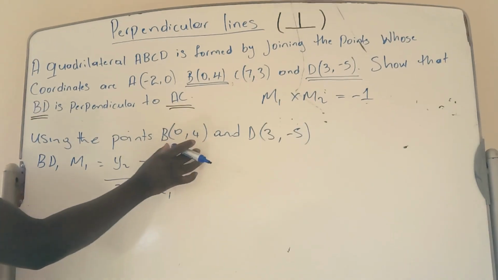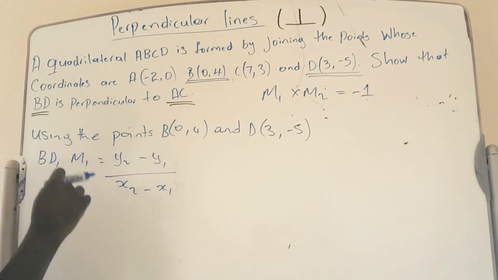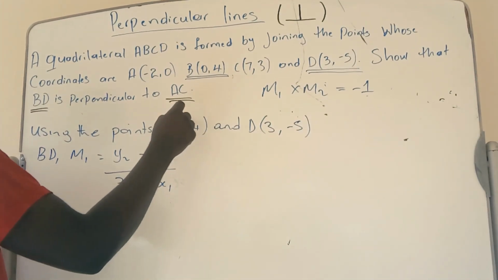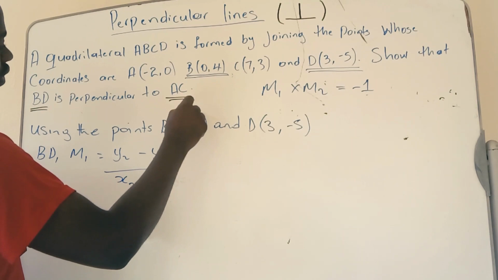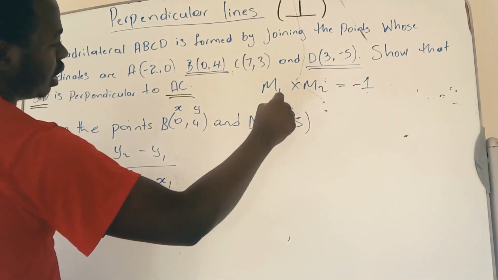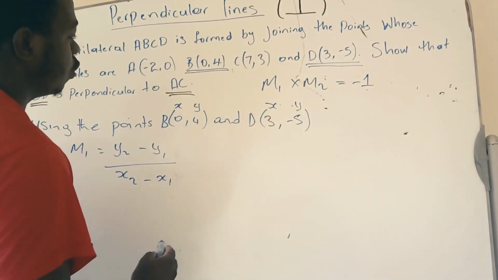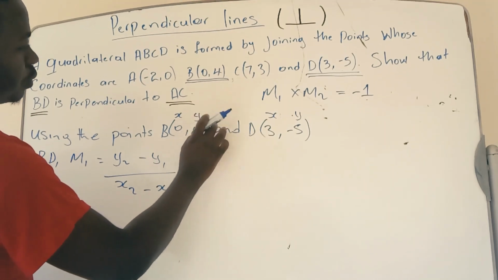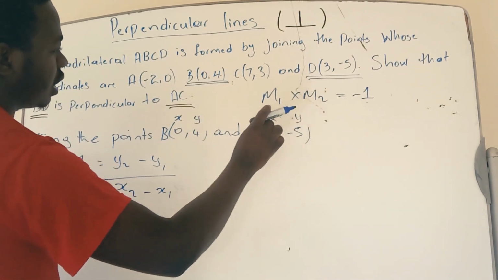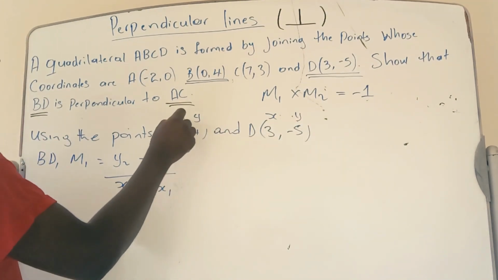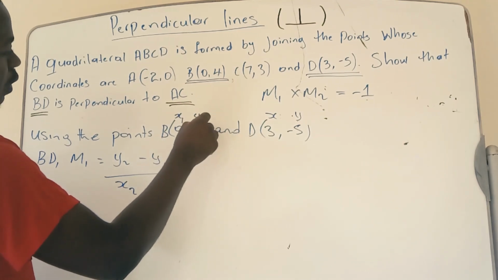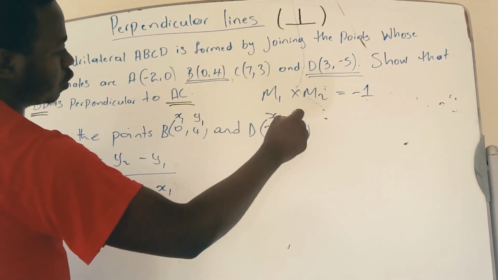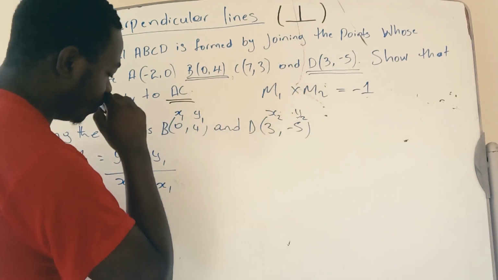Now remember that we are using these points to determine the gradient. We know that the first coordinate is X and Y. We need to differentiate between the two X values and the two Y values. So we're going to call this one X1, this one Y1, this one X2, and this one Y2.